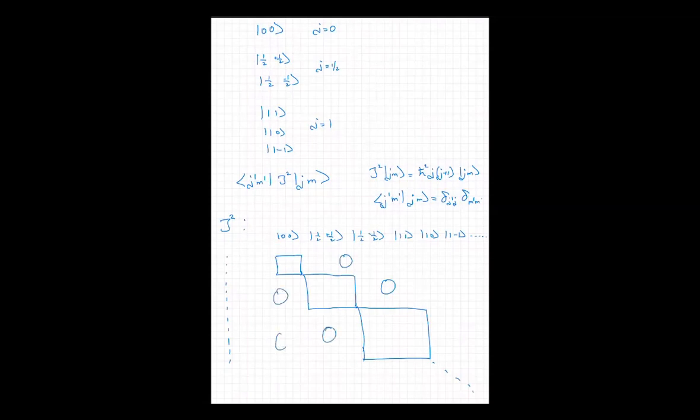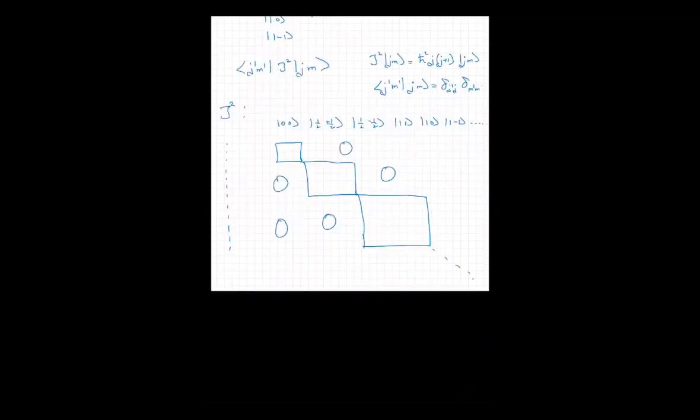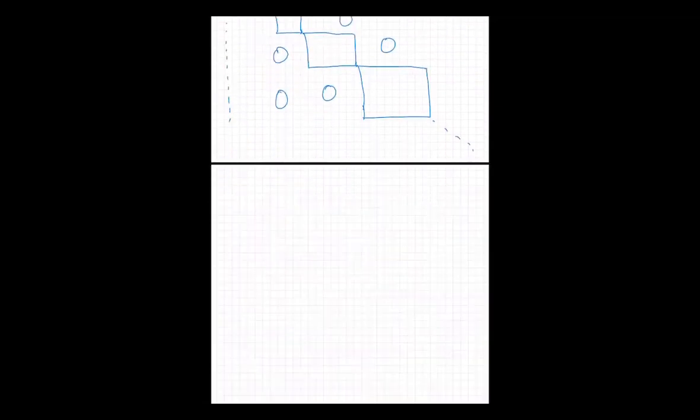Why? Because if you have a matrix element of, let us say, <0, 0| J square |3/2, 3/2>, this is going to be h bar square, 3/2 times 3/2 plus 1, times <0, 0|3/2, 3/2>, and this is going to be 0. So any matrix element of J square between different values of J is going to be 0.